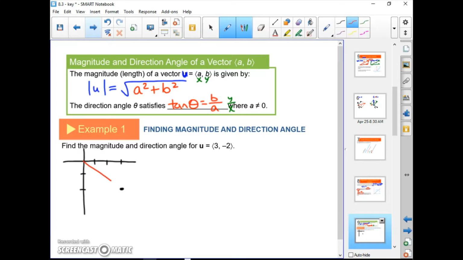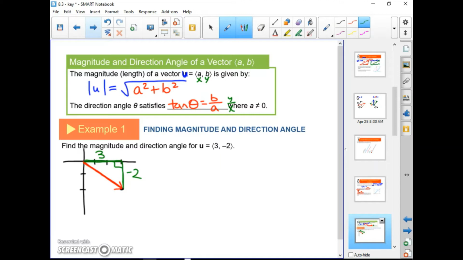The vector is going to take us in that direction up until that point. Let's make that into a right triangle and do what we've done so many times this semester. I know this side is 3 and this side is 2. I'm going to call it negative 2 just to keep track of my signs.